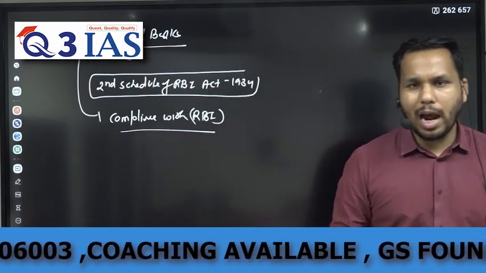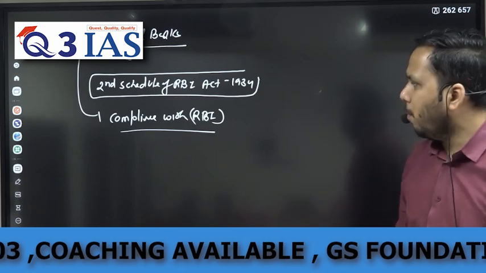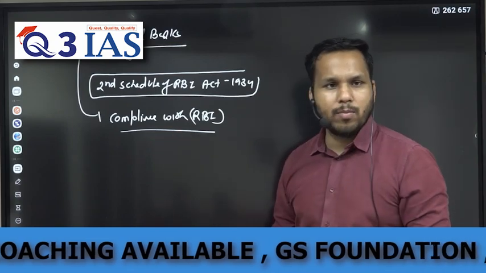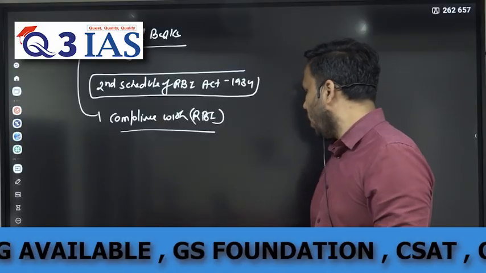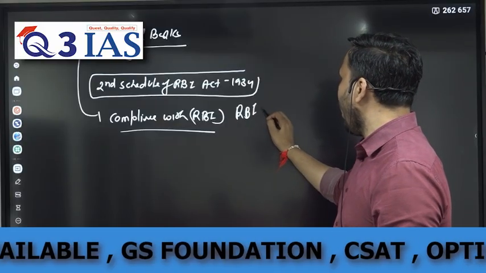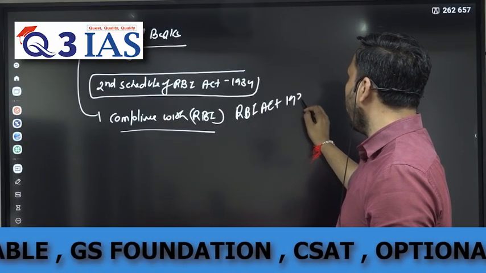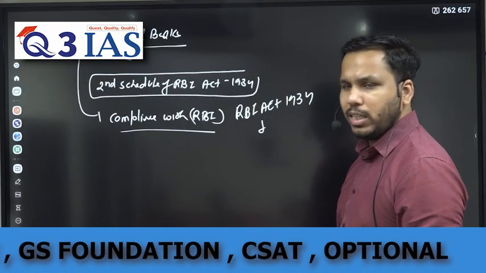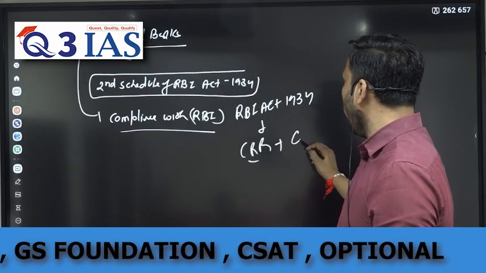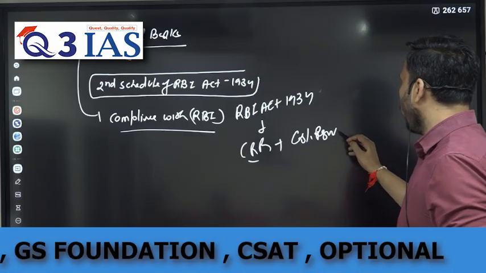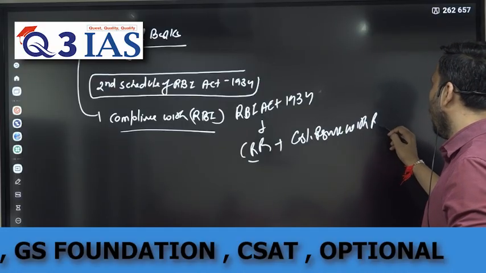Whatever guidelines are provided by the RBI, they have to follow them. Suppose, according to the RBI Act 1934, they have to maintain a CRR. They have to maintain a cash reserve with the RBI.